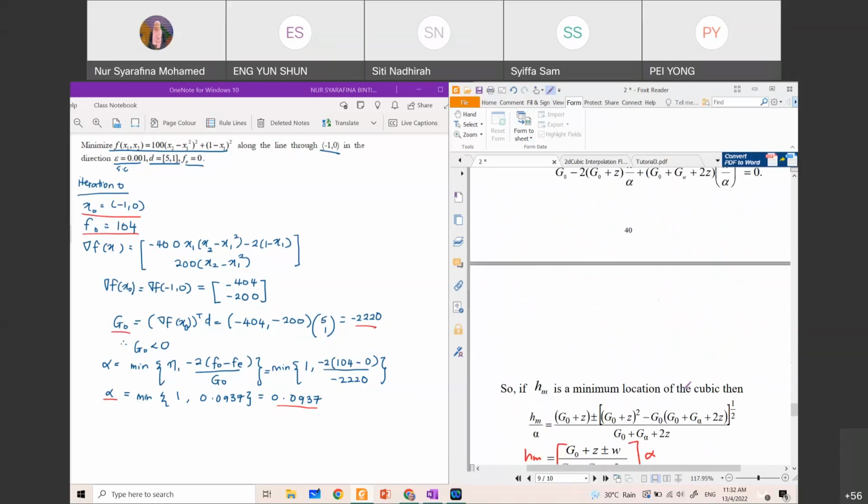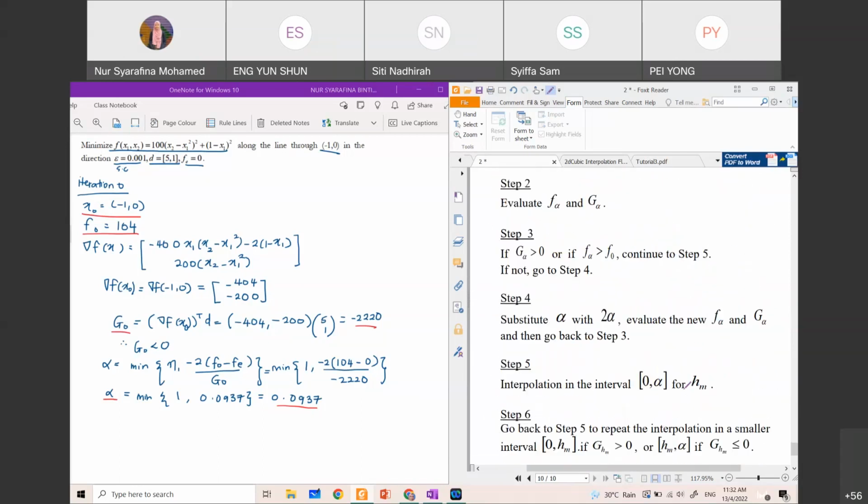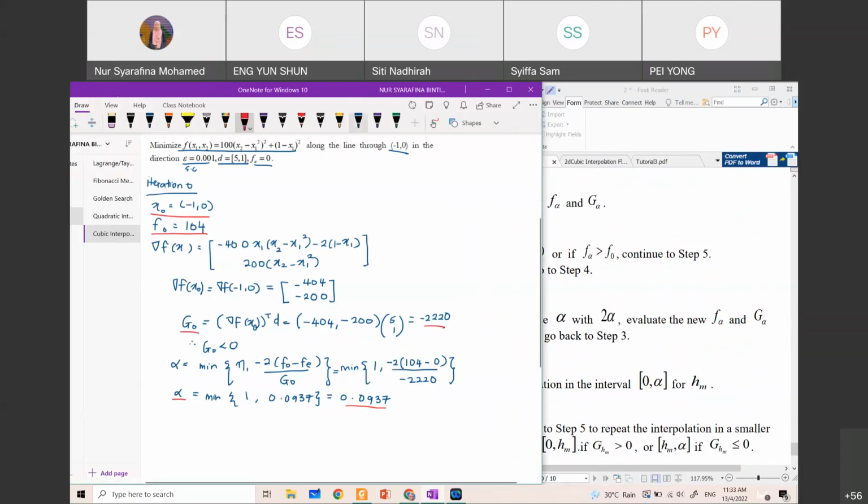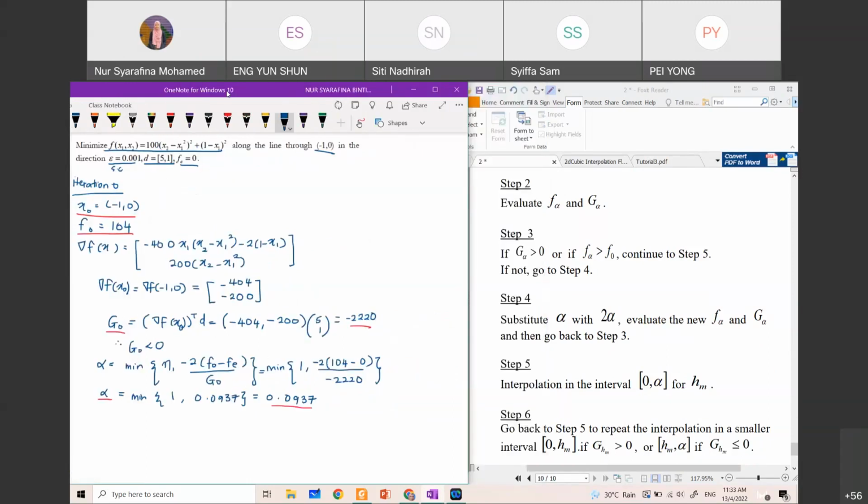Now in order to find f alpha, we have to find x0 plus h d, where h here is alpha. x0 is minus 1, 0, plus alpha times d.